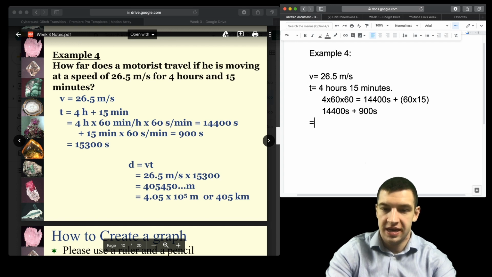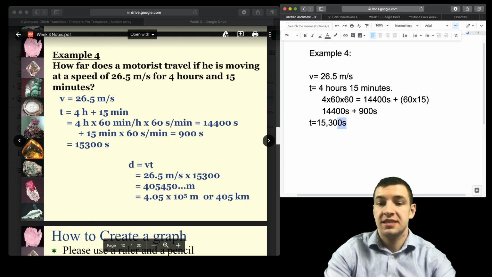Our total time will equal 15,300 seconds. So 15,300 seconds. This is important to do, guys. Okay, please make sure you do it. So now that we have that out of the way, we can rearrange the formula once again.